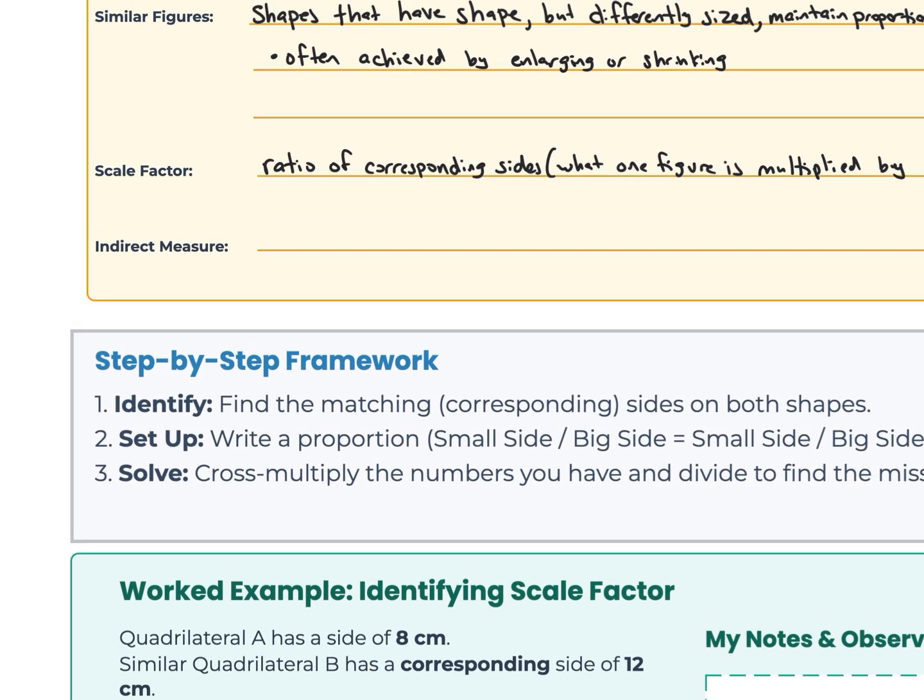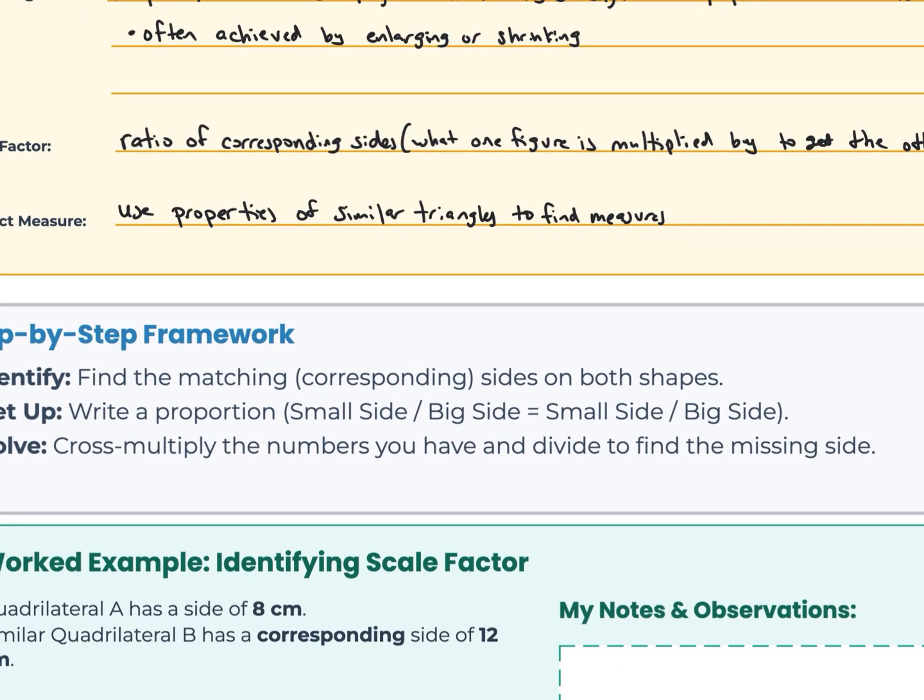All right, and we use similar figures in the grand scheme of things a lot of times in things like indirect measure, where we're going to use properties of similar triangles to find measurements that would be difficult to measure directly.